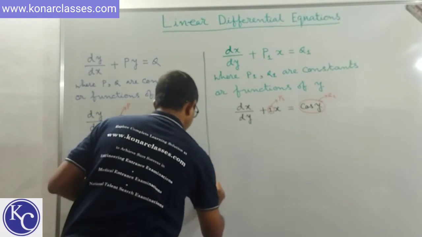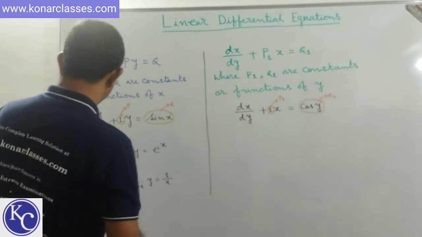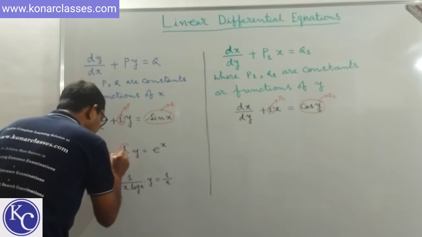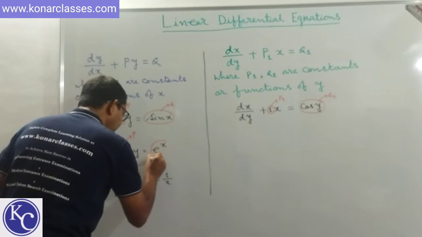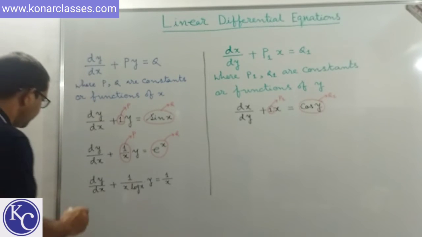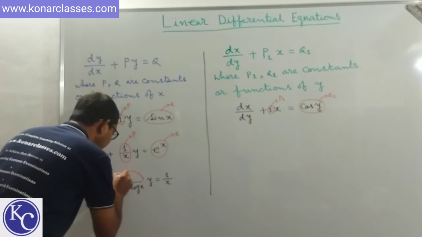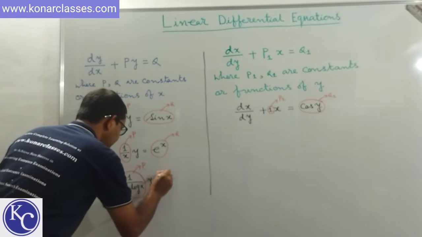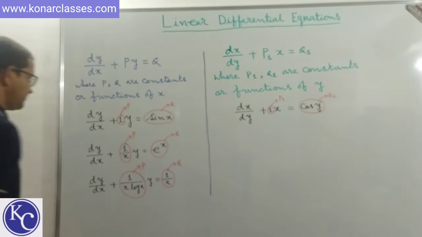In the first one, this 1 by x is as if p, a function of x, and this e power x is as if q, a function of x. In the second one, 1 by x log x is as if p, a function of x, and this 1 by x is as if q, a function of x.